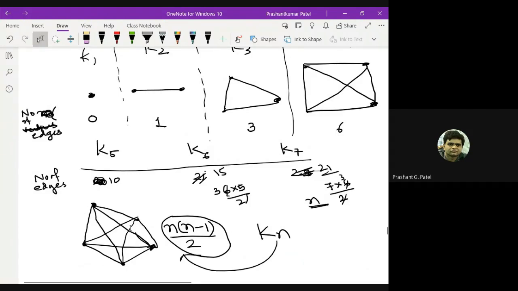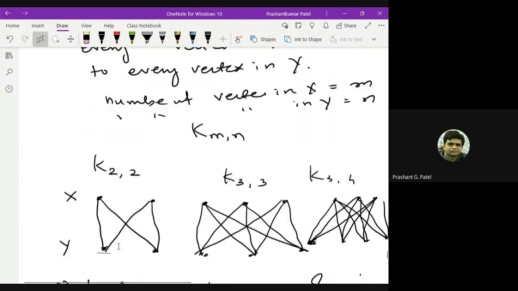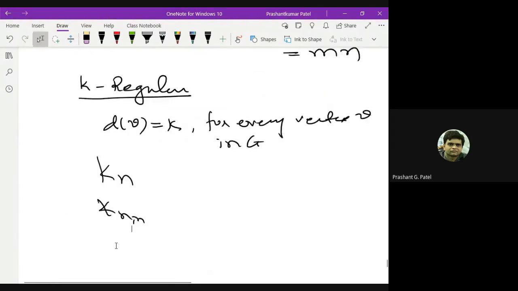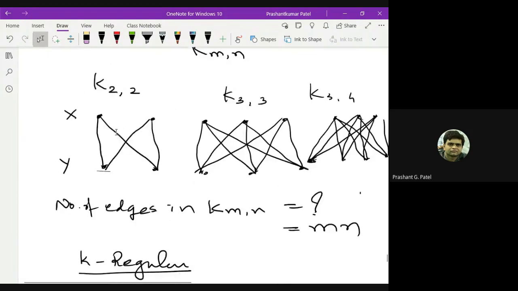It is 4, and it is true for everyone. So in general, Kn is n minus 1 regular. What is Knn? Knn is n regular. For example, here K22 is 2 regular. K33 is 3 regular. So in general, it is an n regular graph.